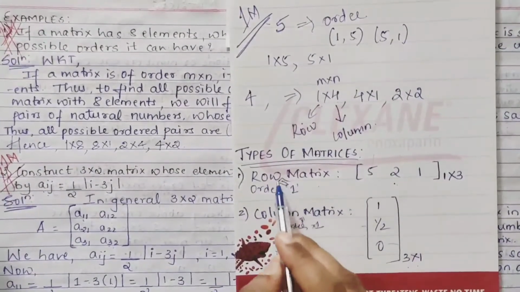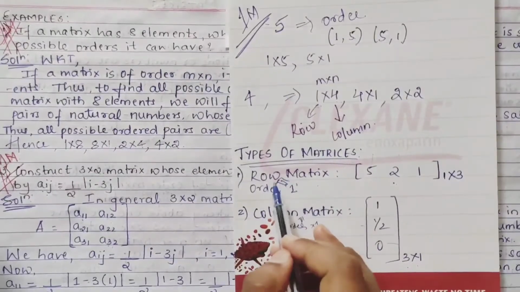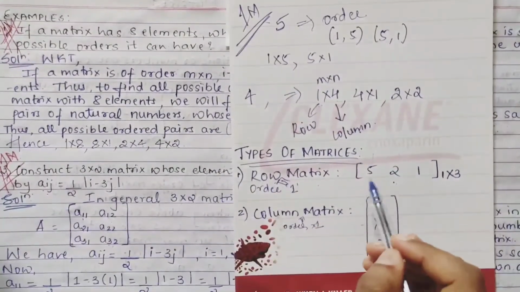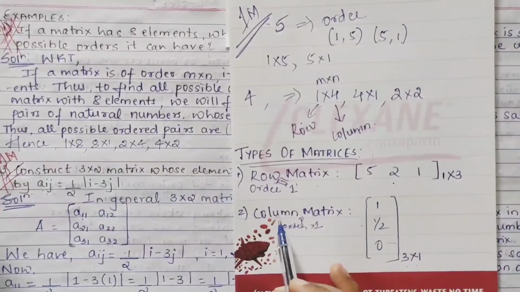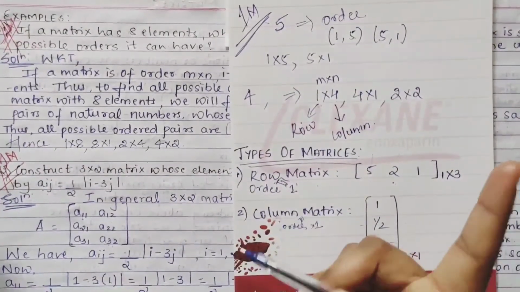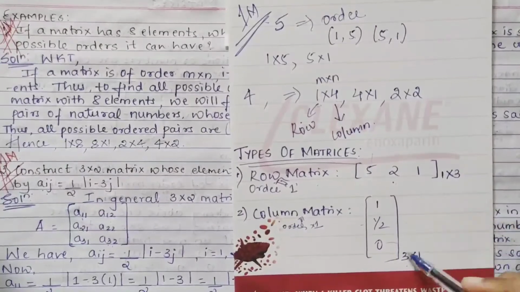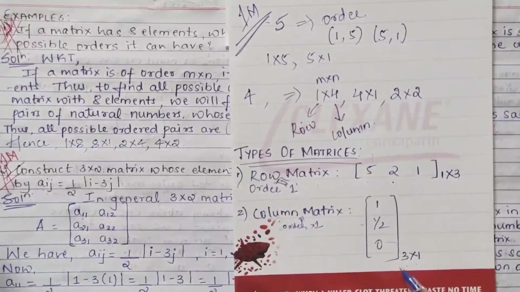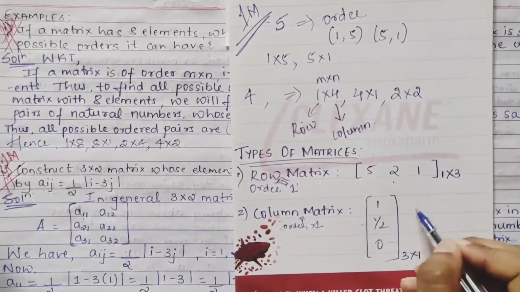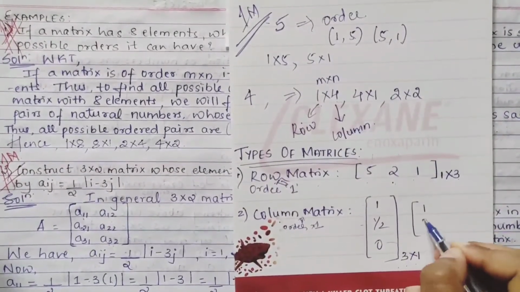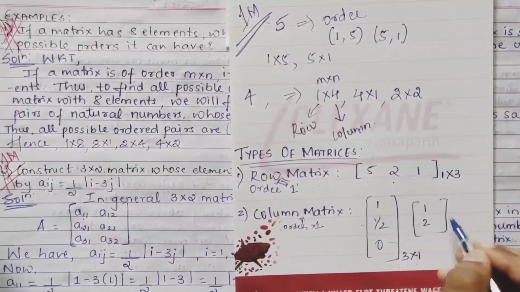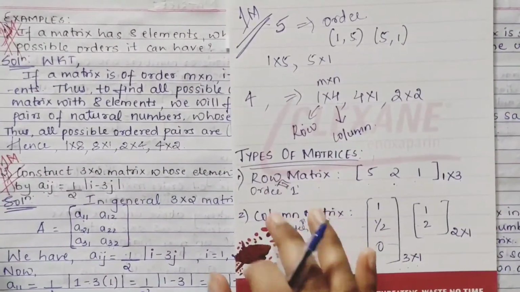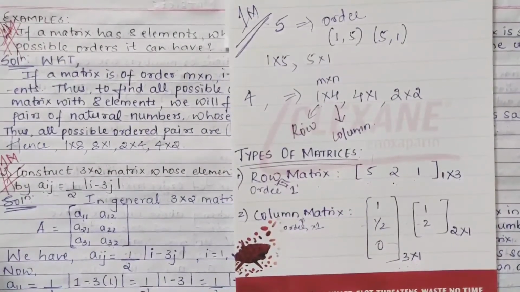When they tell you row matrix, you have to clearly understand the order will be only 1 for the row. For column matrix, the order for the column will be 1. In a row matrix, columns can be any number, and in a column matrix, rows can be any number. So it can be like this also, 1 2. Here you can see rows are 2 and the column is 1.